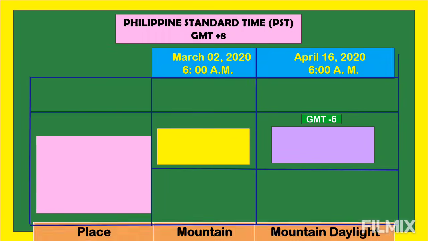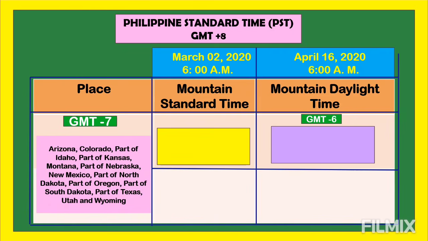Okay guys, next is from Arizona, Colorado, parts of Idaho, parts of Kansas, Montana, parts of Nebraska, New Mexico, parts of North Dakota, parts of Oregon, part of South Dakota, part of Texas, Utah, and Wyoming. If you have some friends or relatives who are working or living there, then their time zone is -7 GMT or 7 hours behind the UTC.